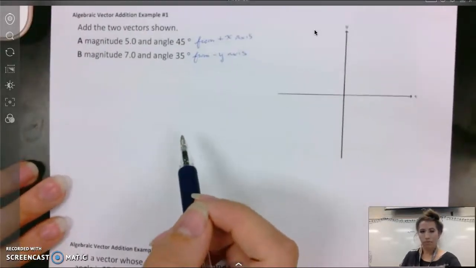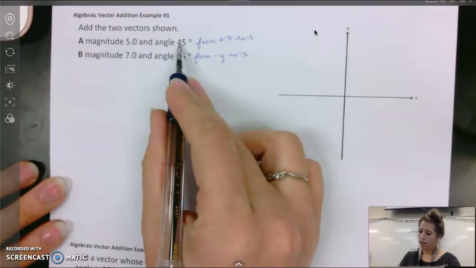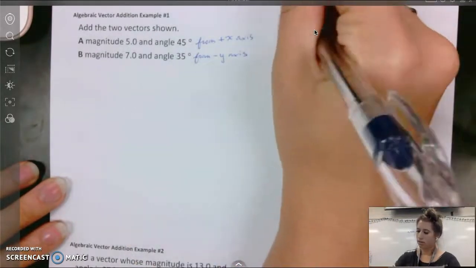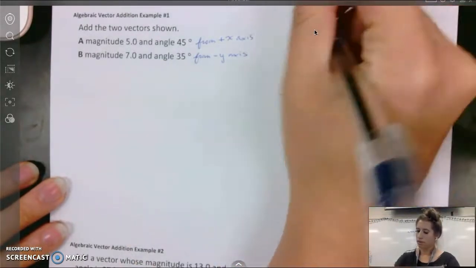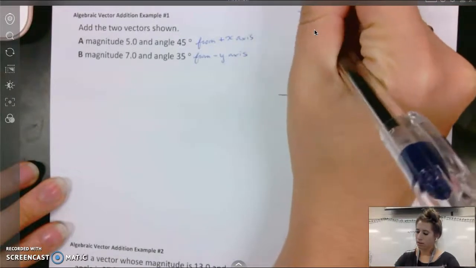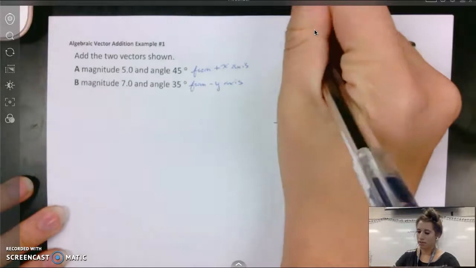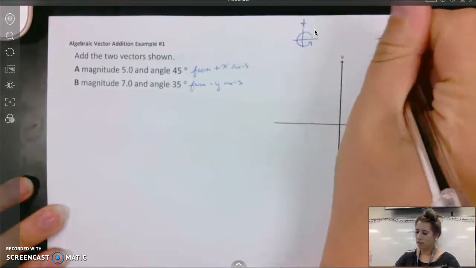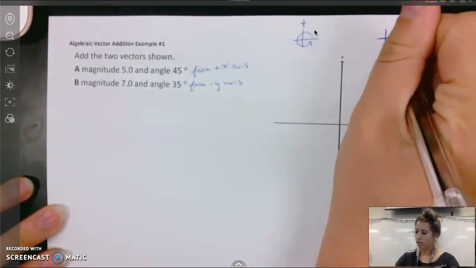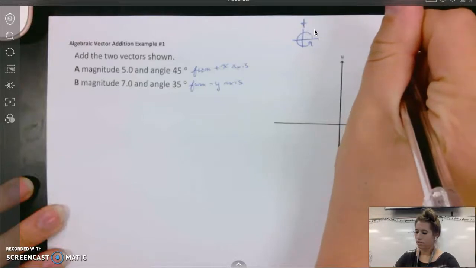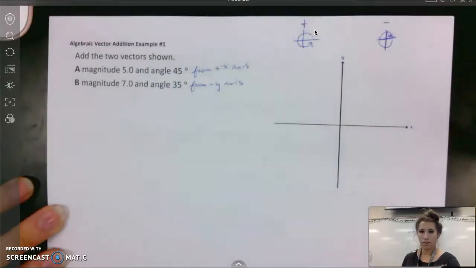So, if we have positive angles, it's important to remember that when we're going counterclockwise, we call that a positive degree direction. And then when we go clockwise, we call that a negative degree direction.